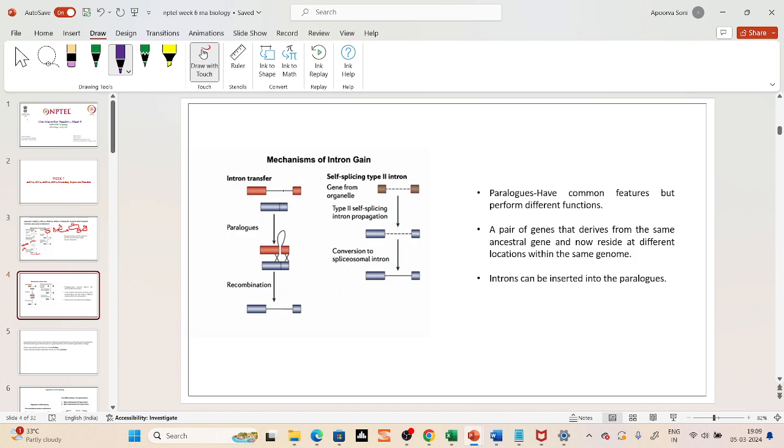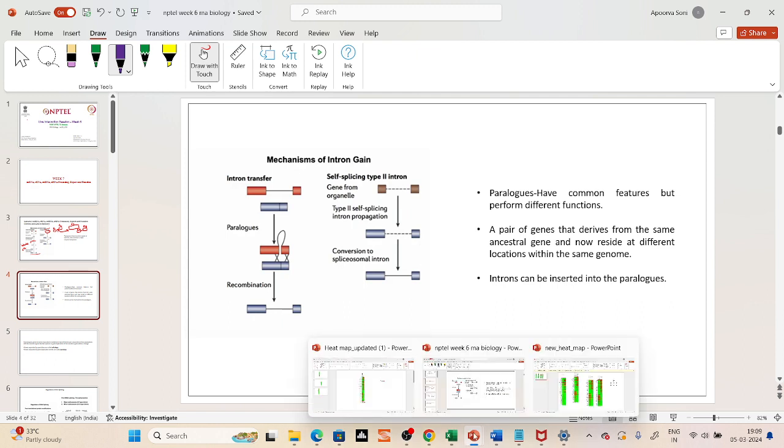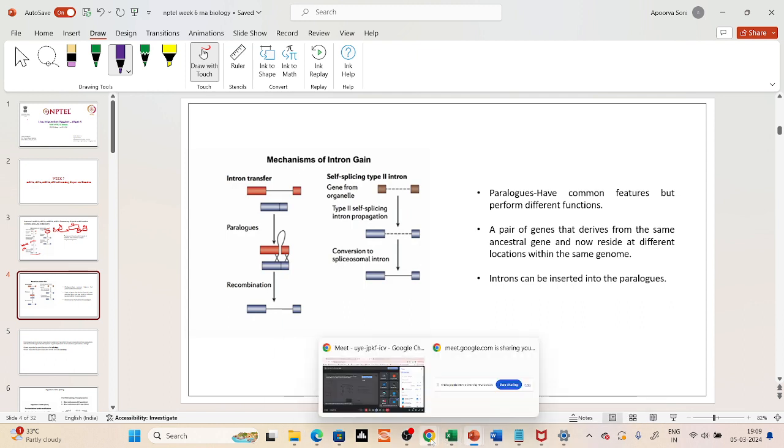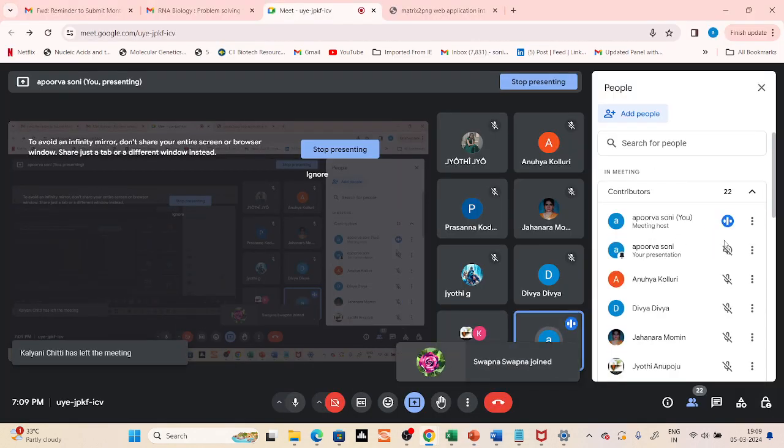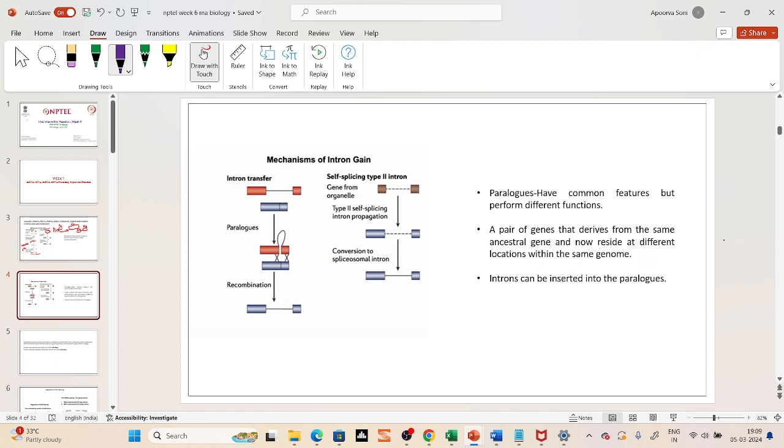If this is a gene, the intron can be transferred into a paralogous gene. If an intron is getting cut from one side, it can be transferred to any other side where it can recombine. The only criterion for an intron to join a particular region is that it should have some sites by which it can homologously recombine.